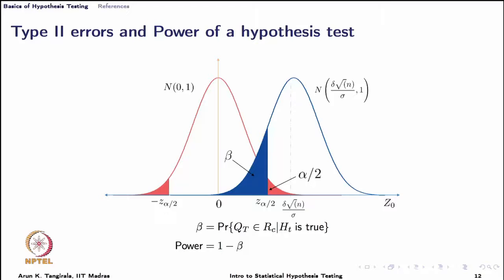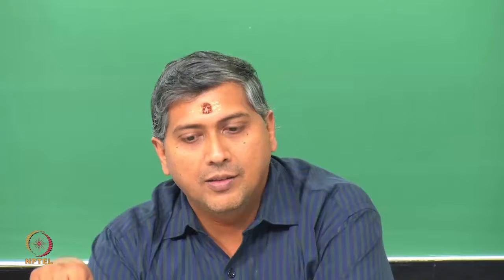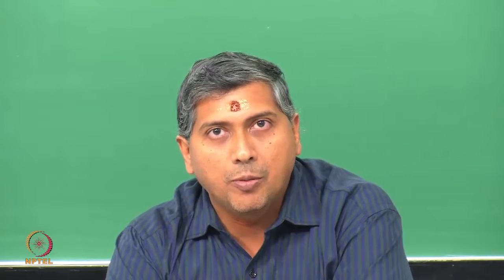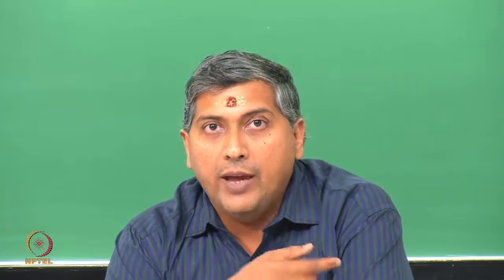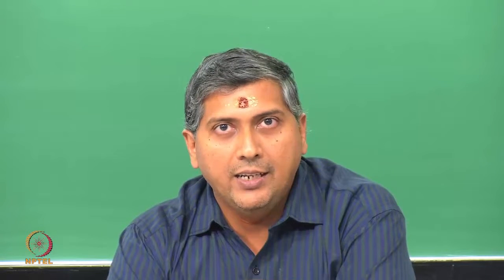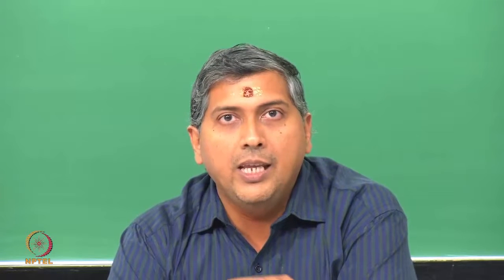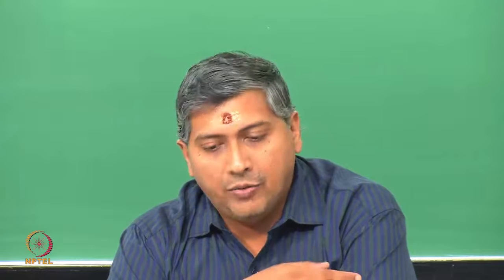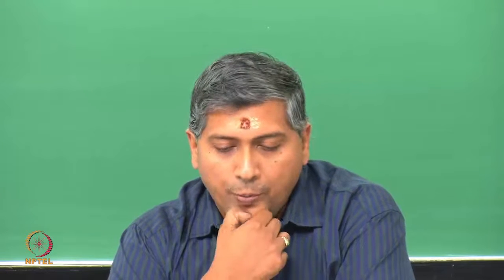That is, if I had specified the right null hypothesis, then the sampling distribution, or the PDF, would have been what you see in blue. So, beta by definition is the probability of failing to reject H naught when H naught is not true, which means the probability of finding the test statistic in the acceptable region when the fact is that the null hypothesis is not true.